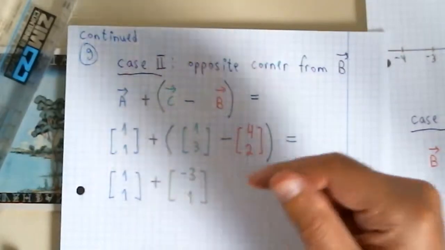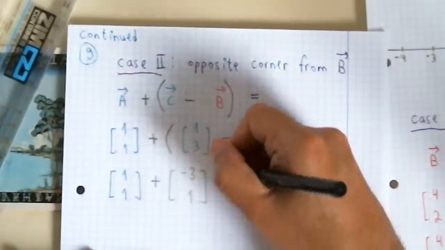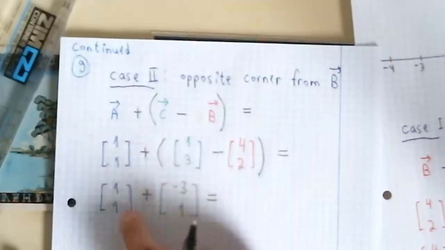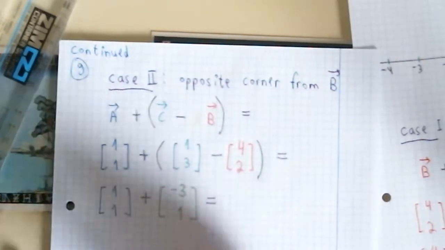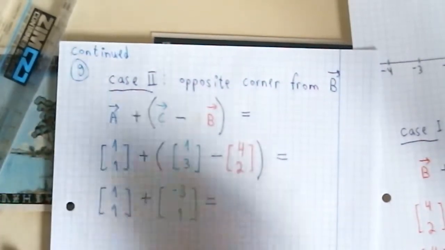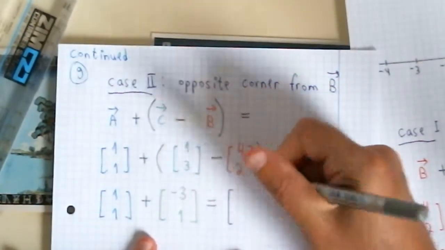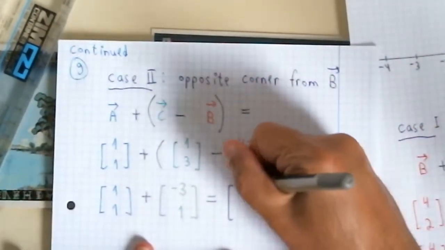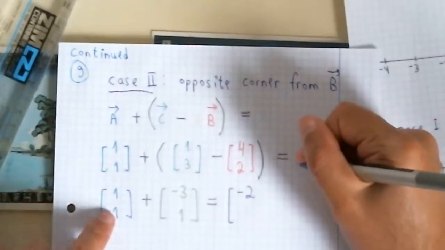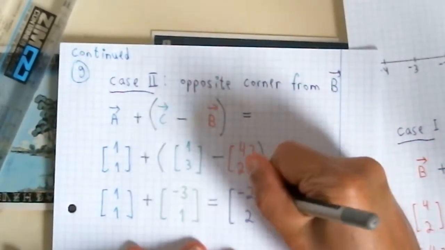Okay, so if we have this in here, how much is it worth? 1, 1 plus minus 3, 1. 1 minus 3, it's minus 2. 1 plus 1 is 2.